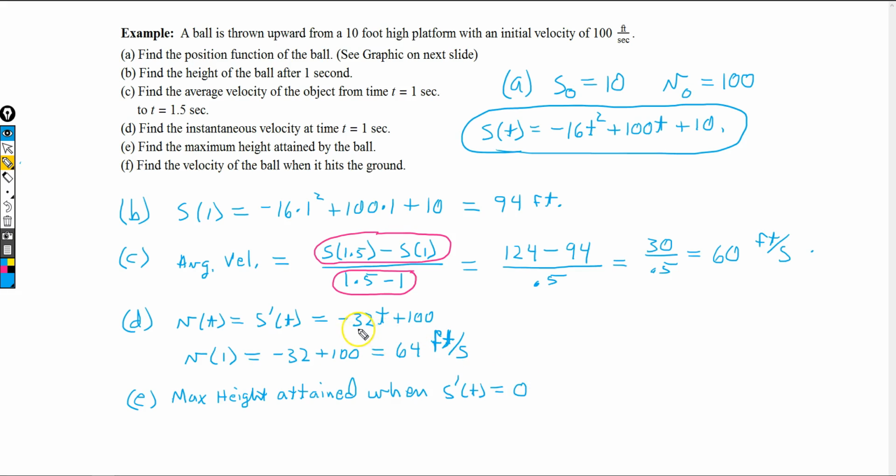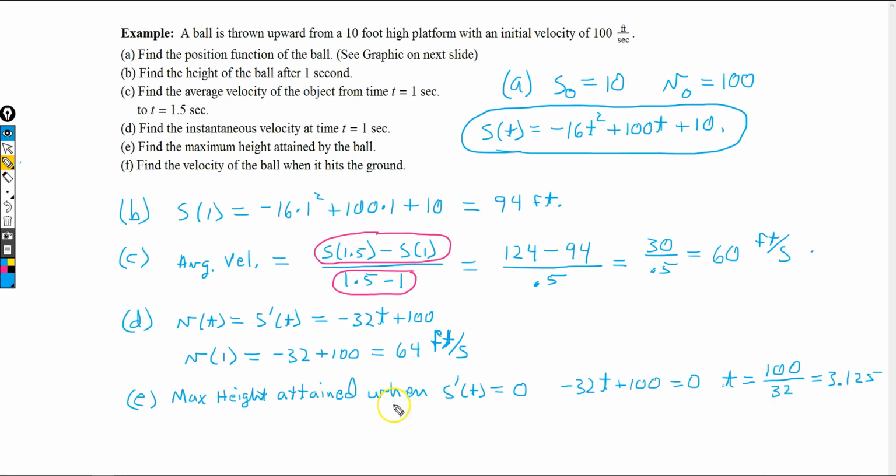So we need to set s prime equal to 0, and when we solve that for t, we get t is 100 divided by 32, and that's equal to 3.125.